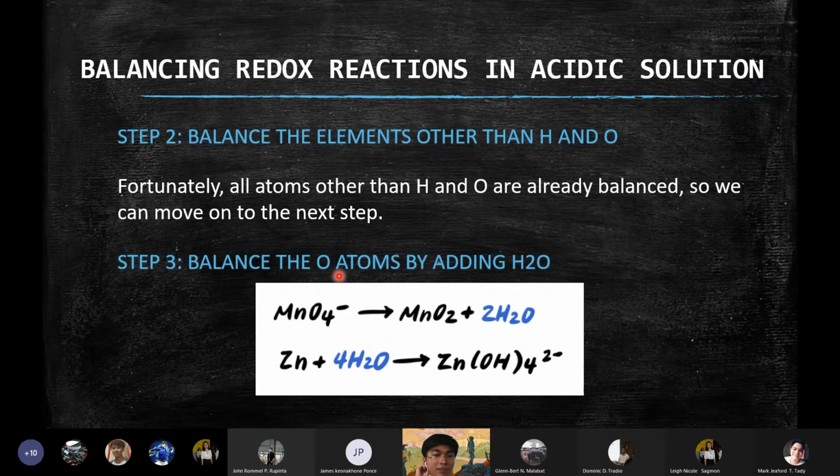Now, the third step is we need to balance the oxygen atoms by adding H2O. So we have here four oxygen atoms on the reactant side on the first half reaction, and we have two oxygen atoms on the product side.